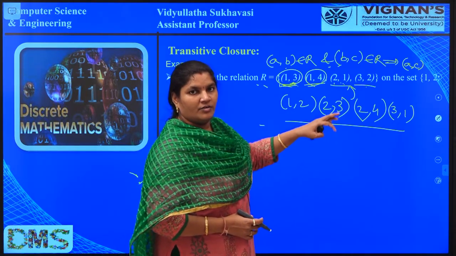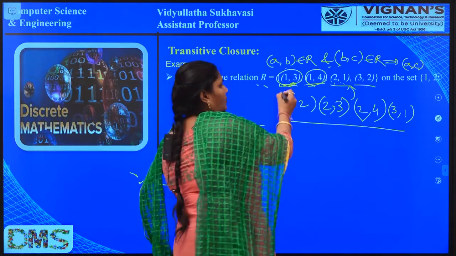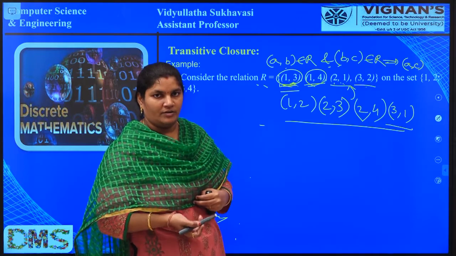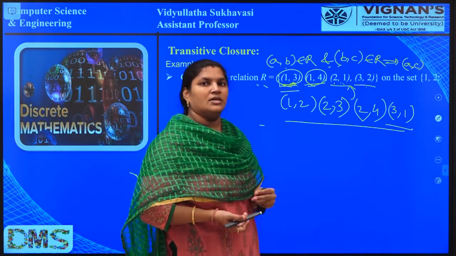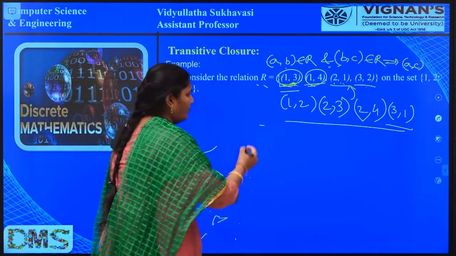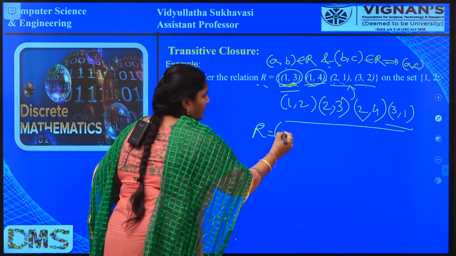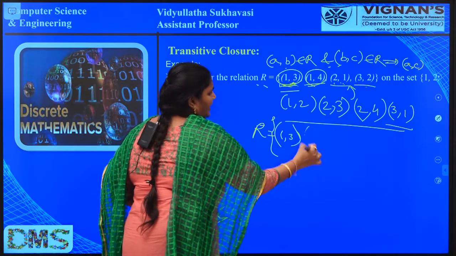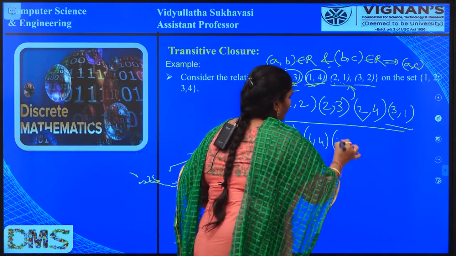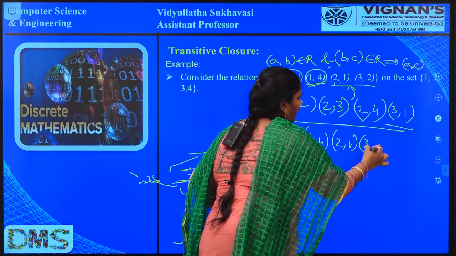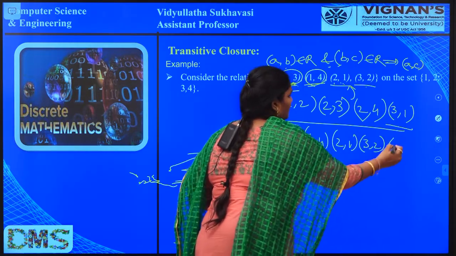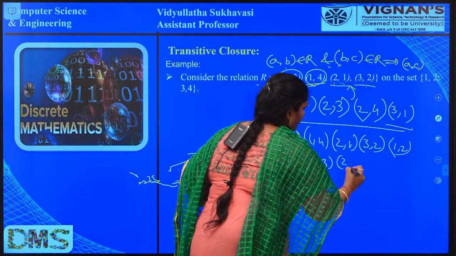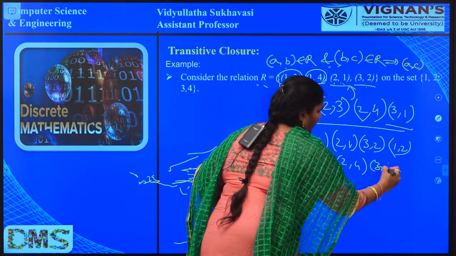If you apply the transitive property for 1, 3 and 3, 1, we will get 1, 1, which is not in the relation R. So now the new relation is 1, 3, 1, 4, 2, 1, 3, 2, and along with this the new ordered pairs 1, 2, 2, 3, 2, 4, 3, 1.